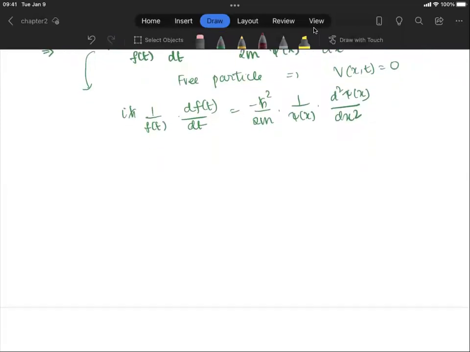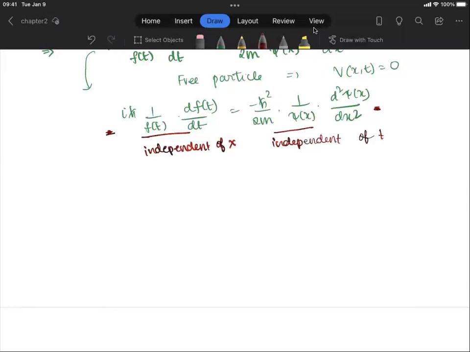Now, the left-hand side is a function of time, and it's independent of x. The right-hand side is a function of x, and it's independent of time. So we are saying that this part, which is independent of x, is equal to this, which is dependent on x. And the right-hand side, which is independent of time, is equal to something that is dependent on time.